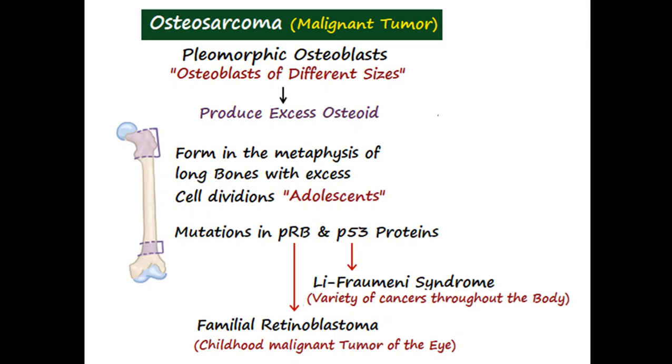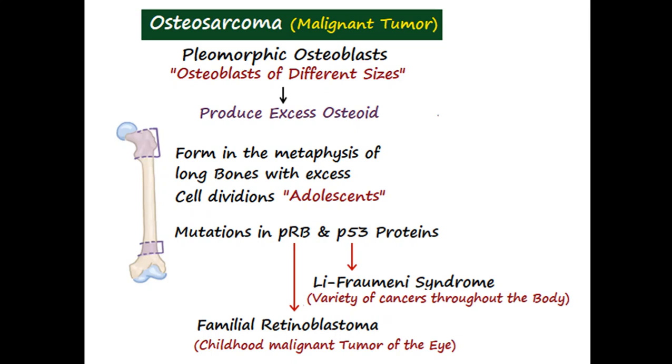So the osteosarcoma commonly arises in the metaphysis of the long bones in younger individuals. It may also occur in old age, but in that situation, usually osteosarcoma is associated with some other precancerous conditions.